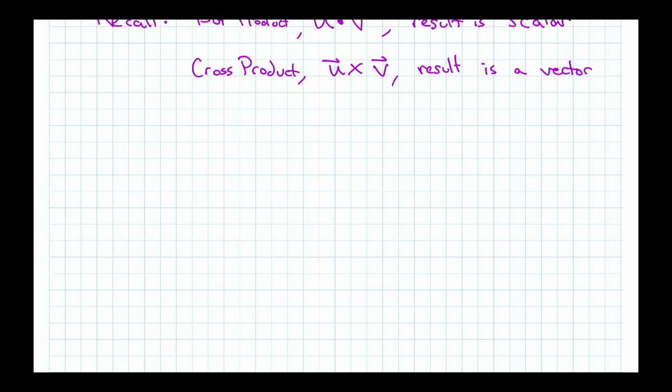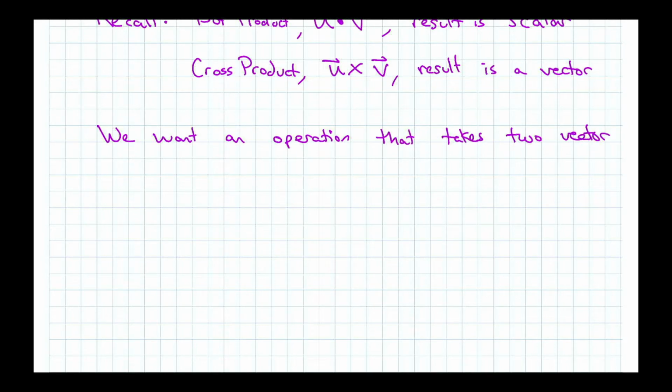So we want an operation that will take two vectors u and v, and the result is orthogonal to both u and v.